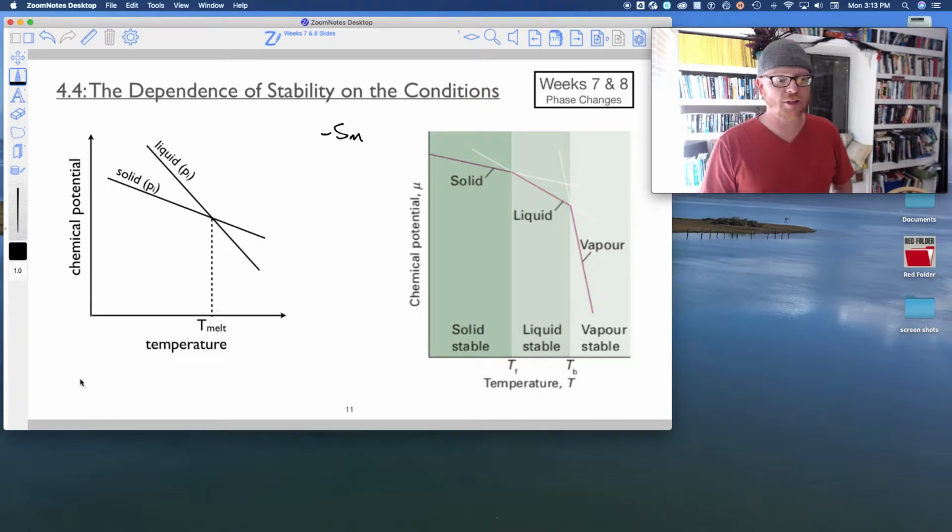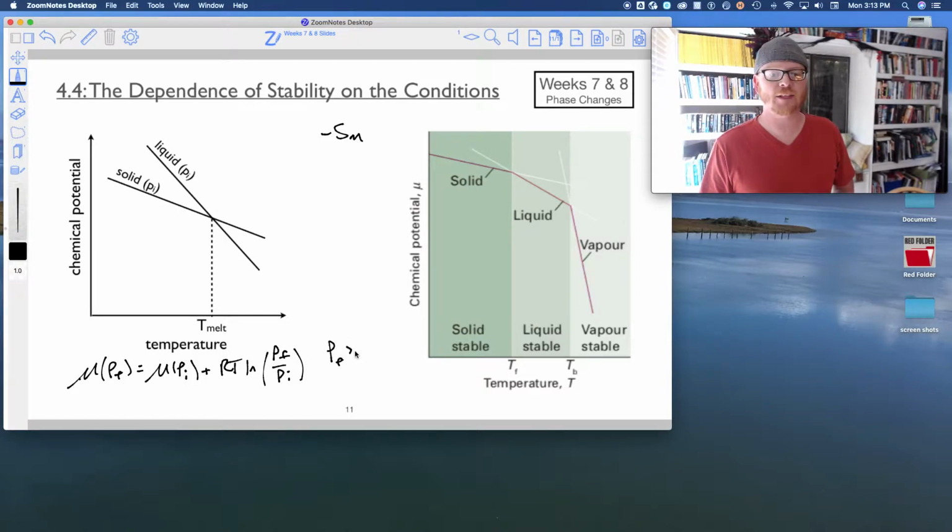So I derived an equation in the first lecture for chemical potential as a function of pressure. Chemical potential at P final equals chemical potential at P initial plus RT natural log of P final over P initial.